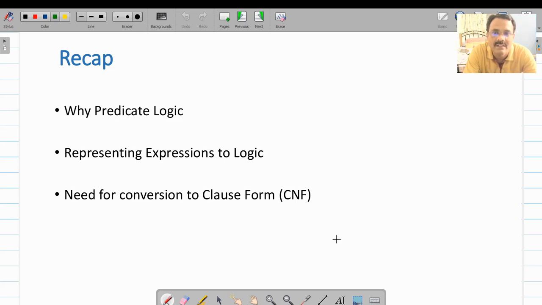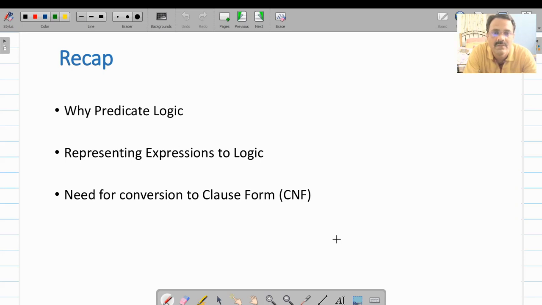Now, why is there a necessity to convert these statements which are in predicate logic form into CNF? Today we will discuss the set of steps which you have to carry out on every English language statement, that is fact, so that you can convert it into the clause form.